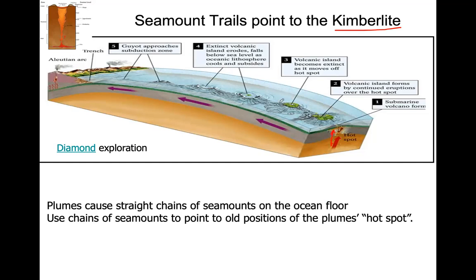Seamounts are produced as a result of kimberlite magma also. So there can be a lot of diamonds produced in such regions as well, and these diamonds will be taken back to the mantle again by subduction.